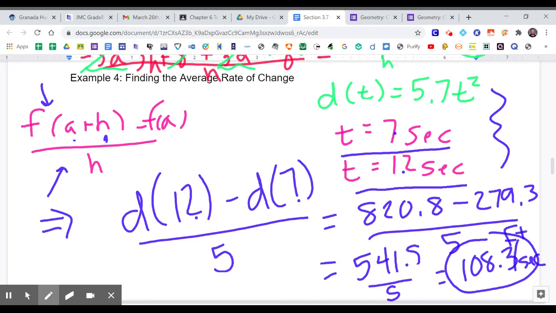Okay, 108.3 feet per second. So it might not always be moving that fast. It might be moving a lot faster, or it might be moving a lot slower, but that's the average rate of speed between our time frame of 7 and 12 seconds.